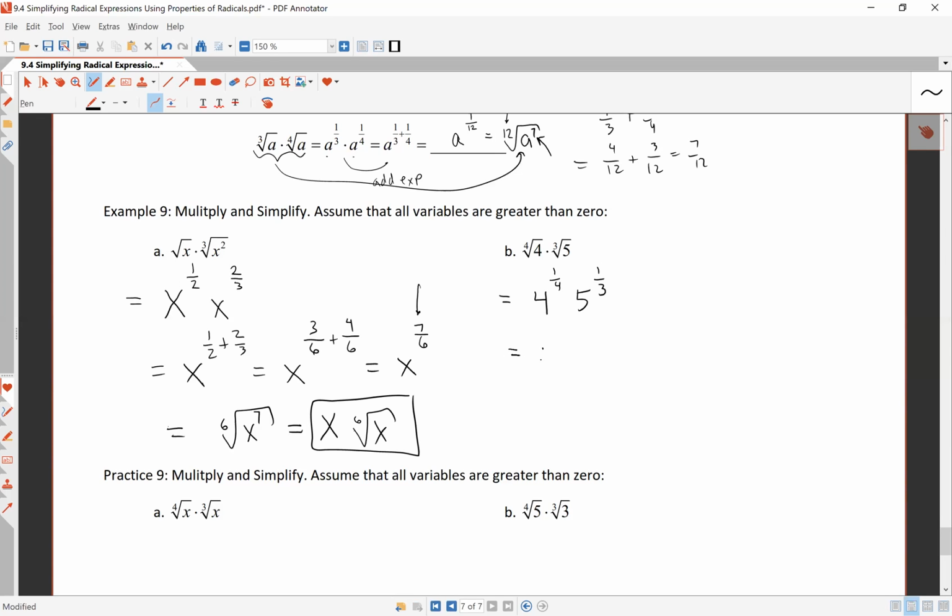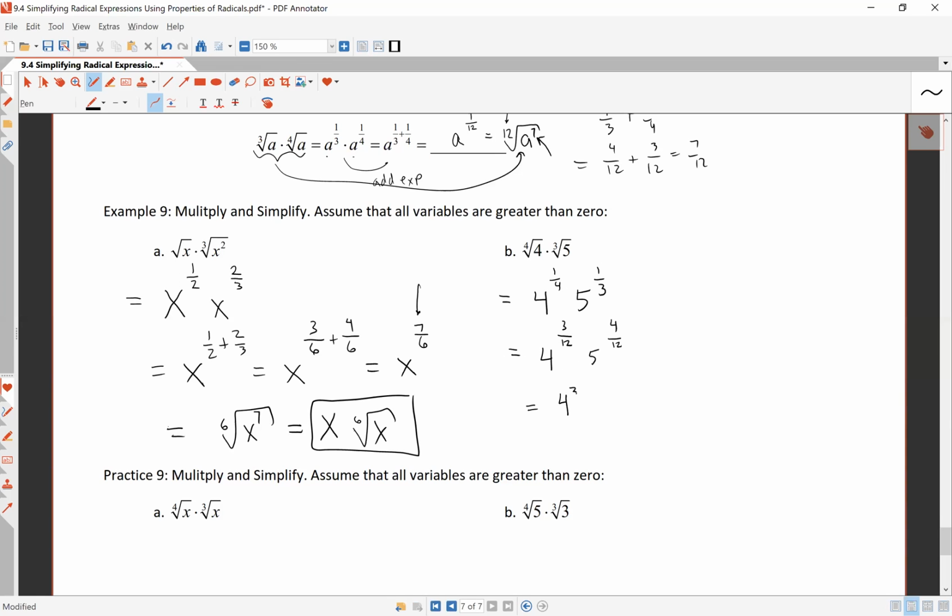But if we get them both to have the same denominator, then both of them are 12th roots.